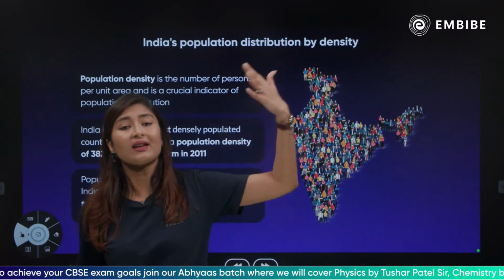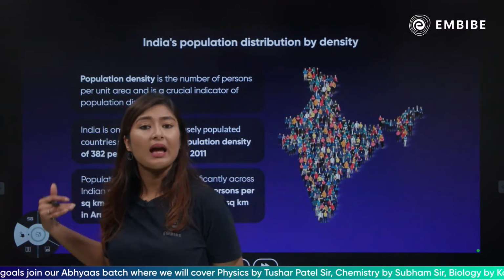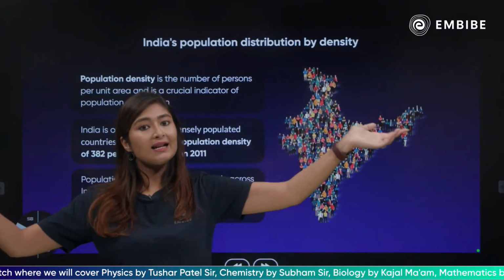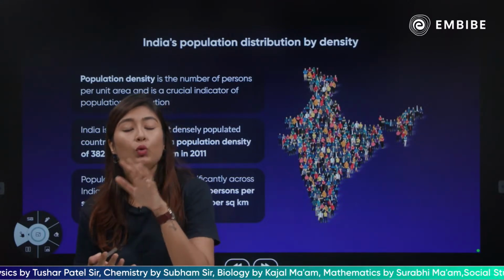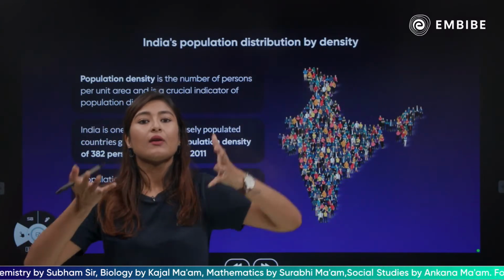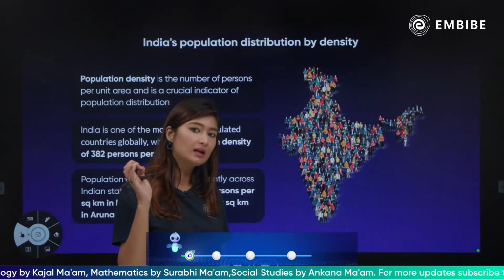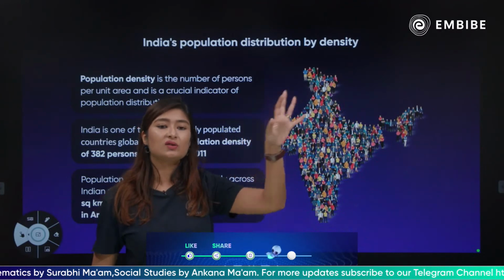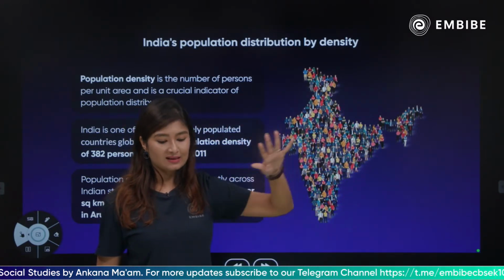US is in fact higher than us in the amount of area present and way behind in terms of the population that is there. So, our population is very much, land is limited. That is why the land becomes costly. The number of people who want to buy that land are way more. So, demand is high, supply is less, which increases the value of the land or the houses in India. That is why it's expensive and it's a little difficult because of different loan policies in India as well. But the reason why it is really, really high is because of this. The amount of land present for the population that exists is very less, right?